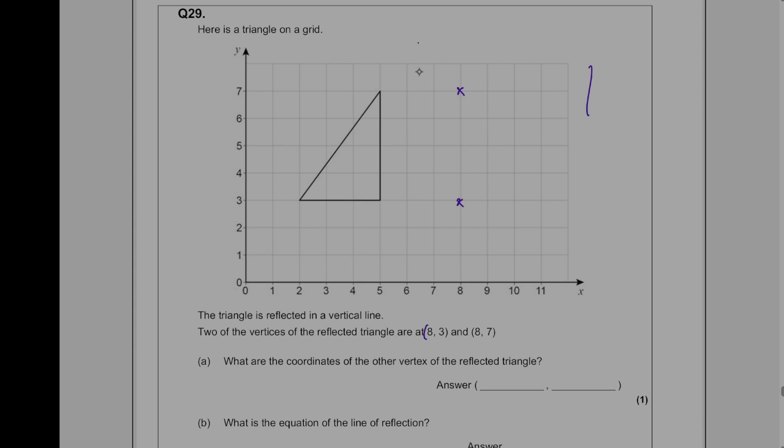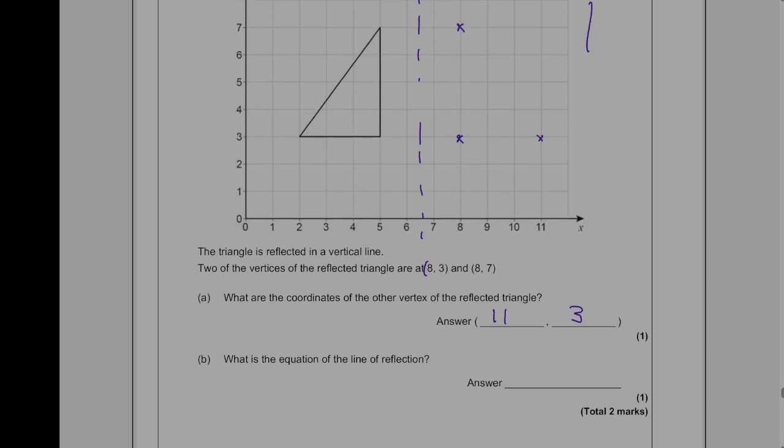So we must have reflected it in this line here, half the distance, and this point here needs to be 3 further on. So we're looking at 11, 3. Write down the equation of the reflection line. That would be y is equal to 6.5.